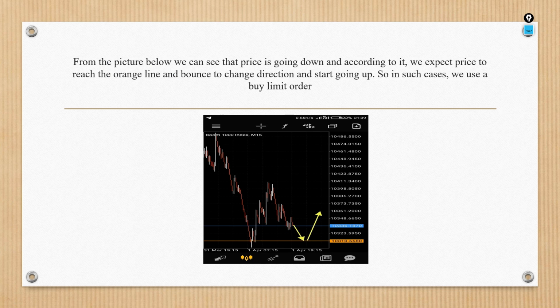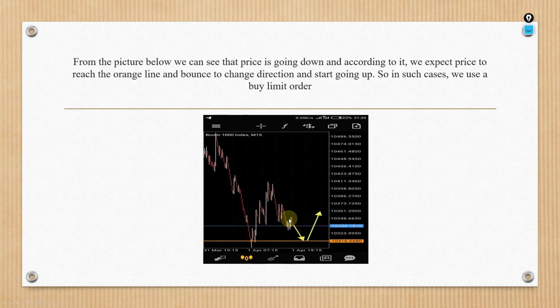So let's now first look at the picture and appreciate how a buy limit order can be used. First of all, we can see from the picture here that the price was going up, then it started going down. This blue here shows where the price is.